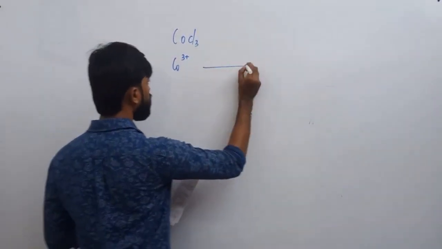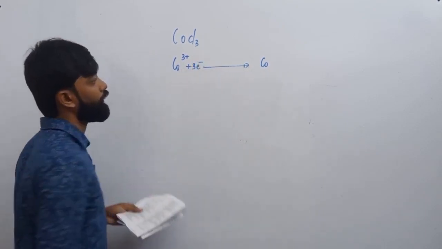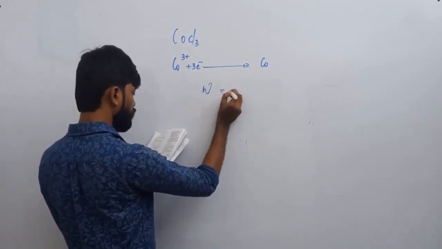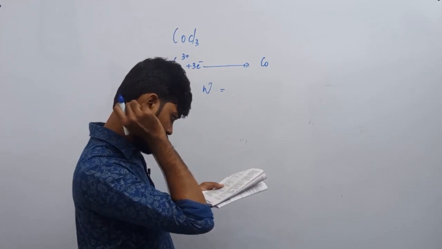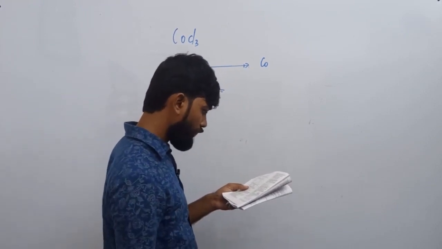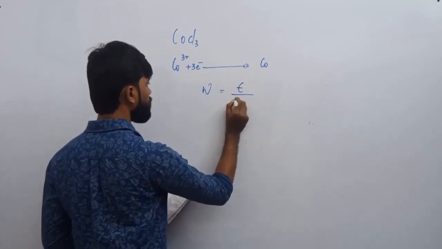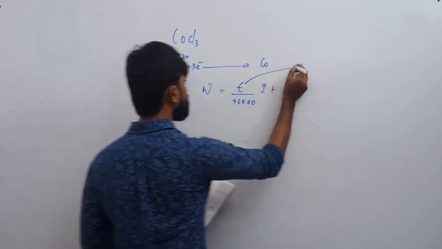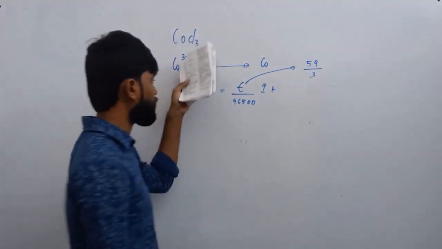Okay, and we know that if cobalt is deposited, that Co3+ should accept 3 electrons to deposit as Co. So we want to find the weight. The weight is given by equivalent mass divided by 96500 into current into time. Equivalent mass of cobalt, that is its molar mass divided by 3, since the n factor is 3.